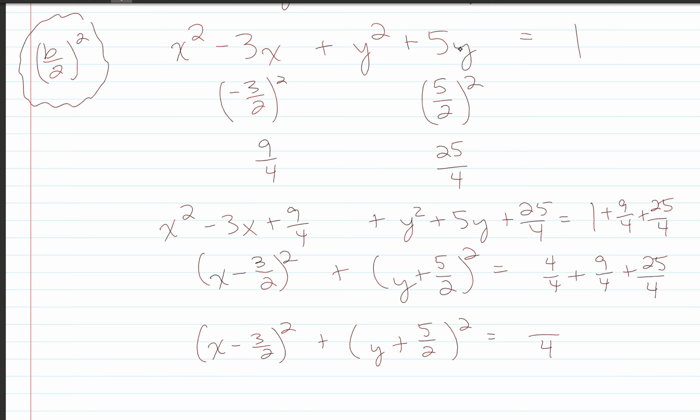So 25 and 9 is 34 plus 4 is 38. So we have x minus 3/2, that quantity squared, plus y plus 5/2, that quantity squared, equals 38 fourths. So this looks to be standard form for the equation of a circle.